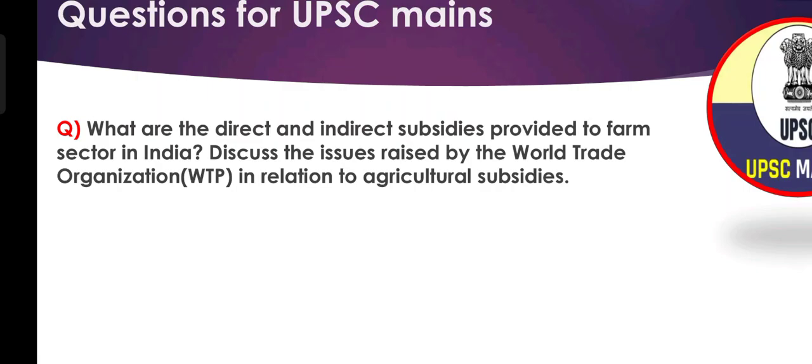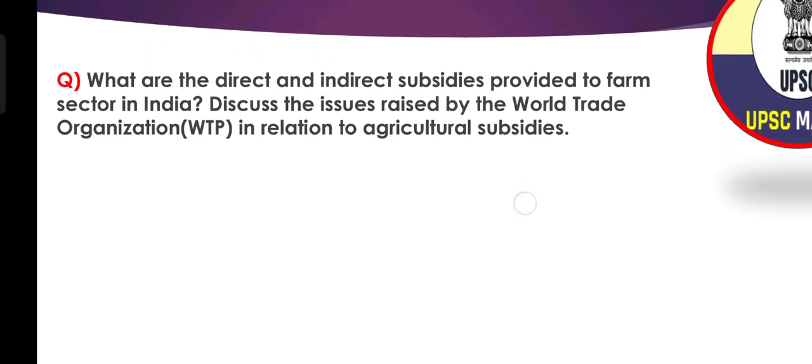Why? Because in previous years also UPSC had asked this type of question, okay. And agriculture is one of the important topics for the UPSC. You can see the thorough PYQs from the mains perspective, and you can also analyze that agriculture is a very important topic. I think I have analyzed that approximately 4 to 5 questions related to agriculture definitely came in this exam, okay.